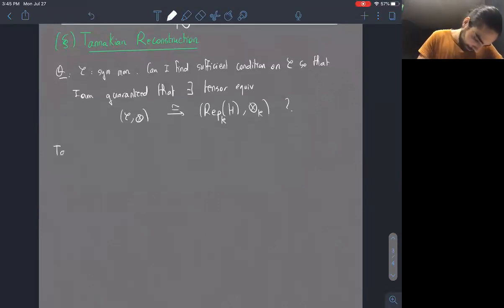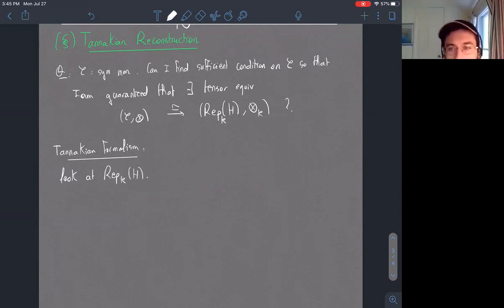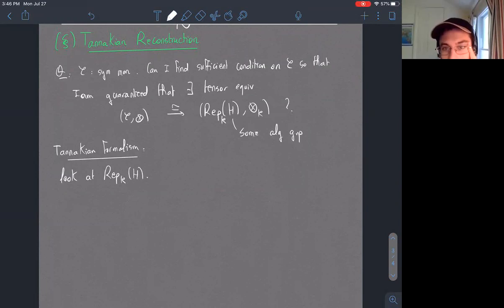I guess we'll start with the right-hand side, and ask what some of the visible properties of this category are. What is H here, Saad? Oh, H is some algebraic group. Thanks. And K is the field we fixed at the beginning.